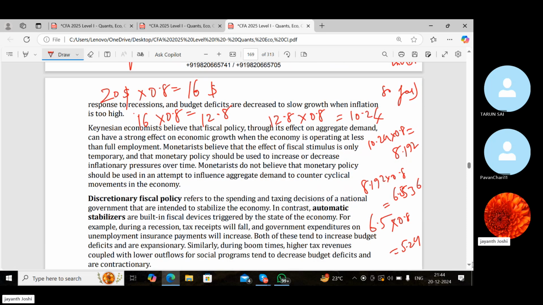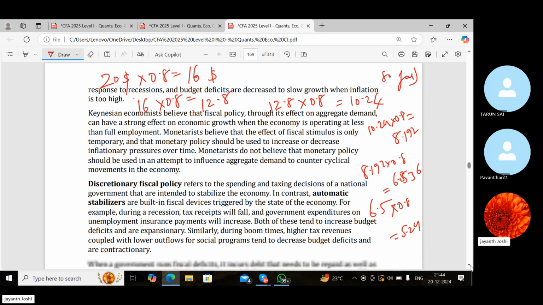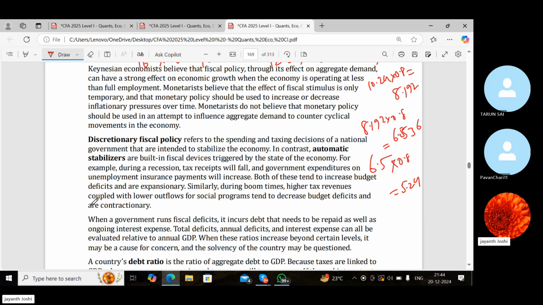20 plus 16, 12.8, 10.24, 8.192, 6.5536, 5.24. 80% we will take. Till now we got 79.0256.